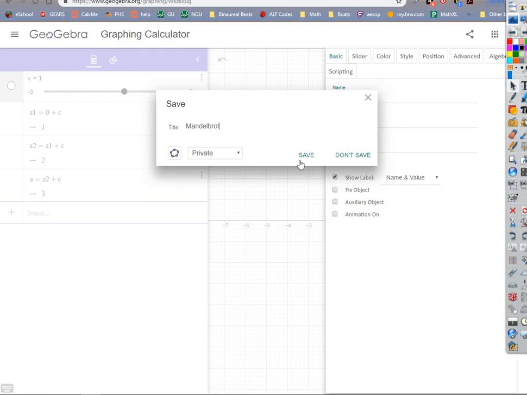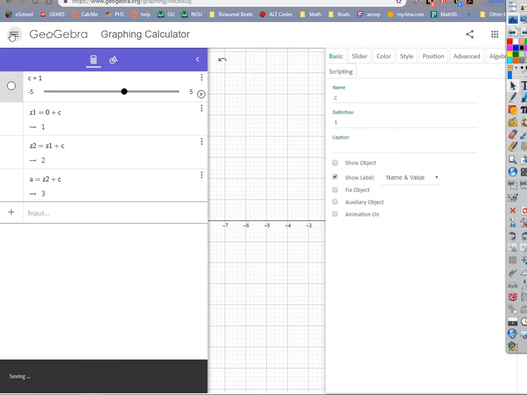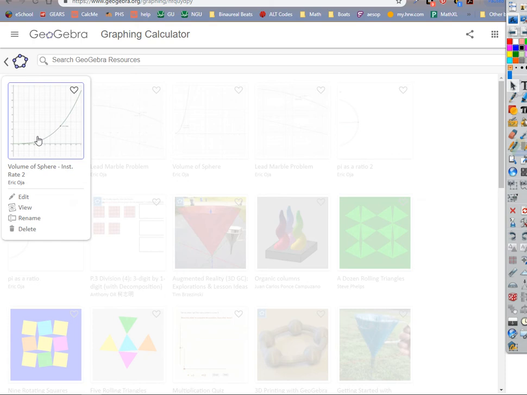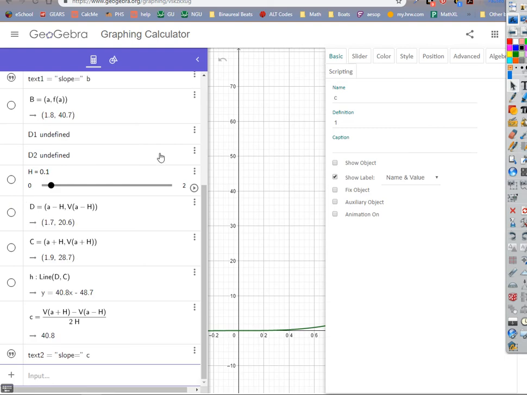Oh, the Mandelbrot set? No, that's something different I was working on. Oh, disappointing. You woke up. I woke up. I was like, wow. What is this book?